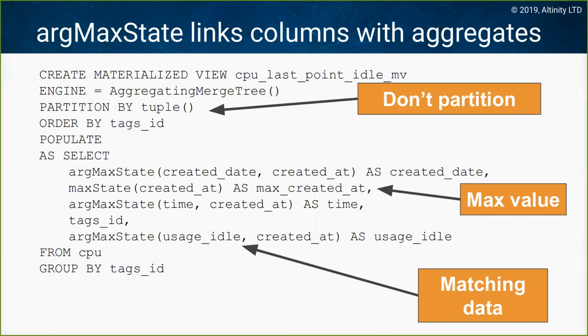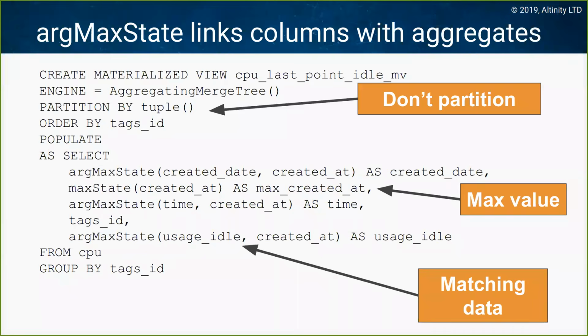In this query we do a bit of a trick. First of all, we look for the maximum state of the value called created at. That's the time when we took the measurement. Then in these argMaxStates, we look for the matching values of the created date and the time, as well as usage idle, because we're trying to figure out what the utilization is.